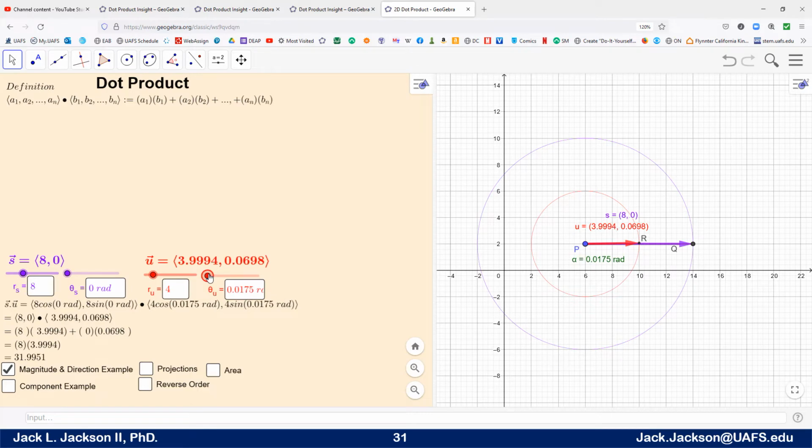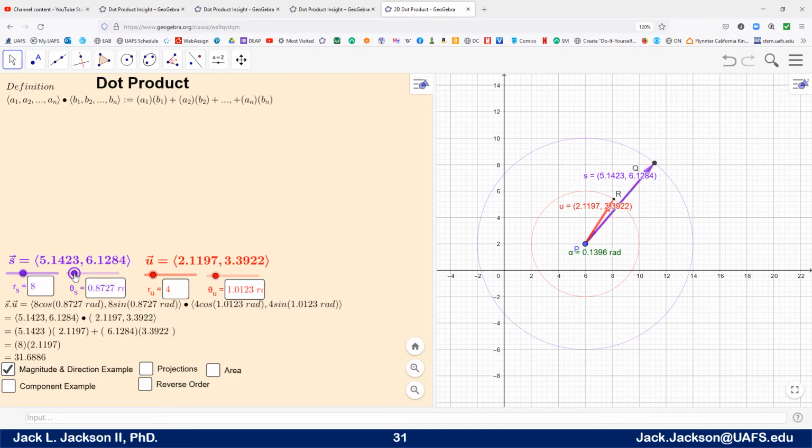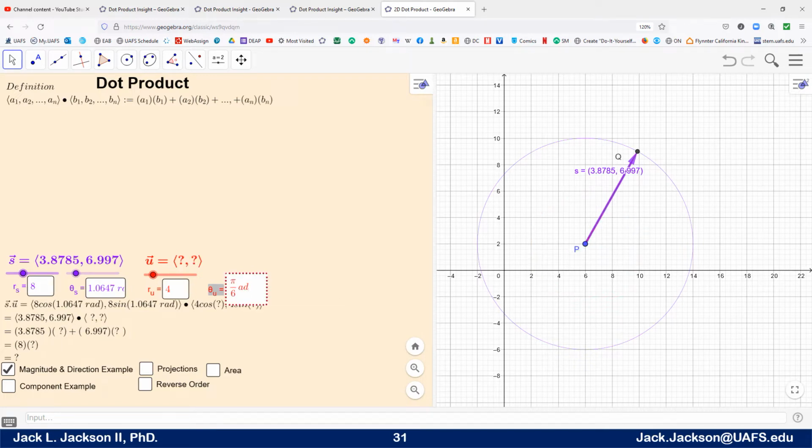Or if I put it at any angle we want, let's see if I can get this one to the same. Well, I don't even have to, I can type in an angle, right? So for example, if I want to go to, say, 30 degrees or pi over 6 for that angle, I can type that in.